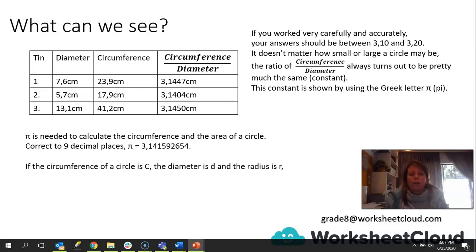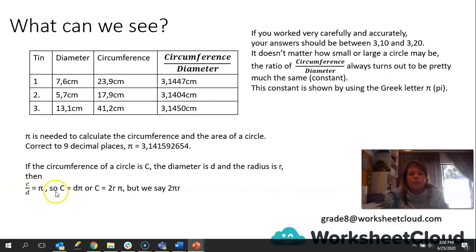Right, if the circumference of a circle is C, the diameter is D, and the radius is R, then C over D, okay, circumference over diameter, is equal to pi. So C is equal to D pi, because remember, using algebraic form, we're going to multiply the d out to get rid of the denominator, which means that we have to multiply this side by d.